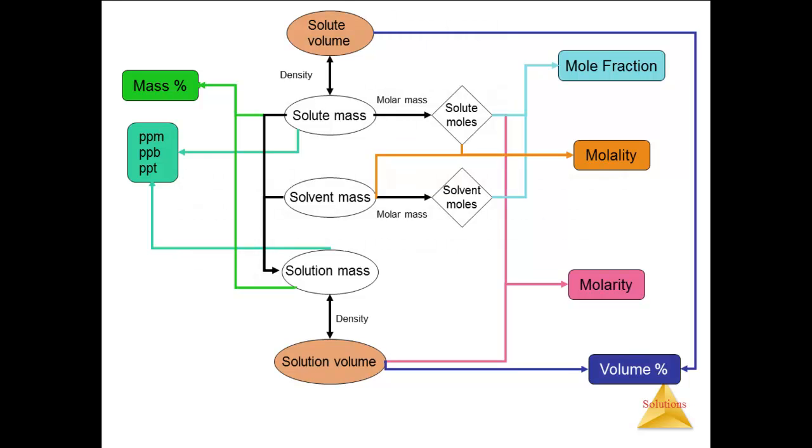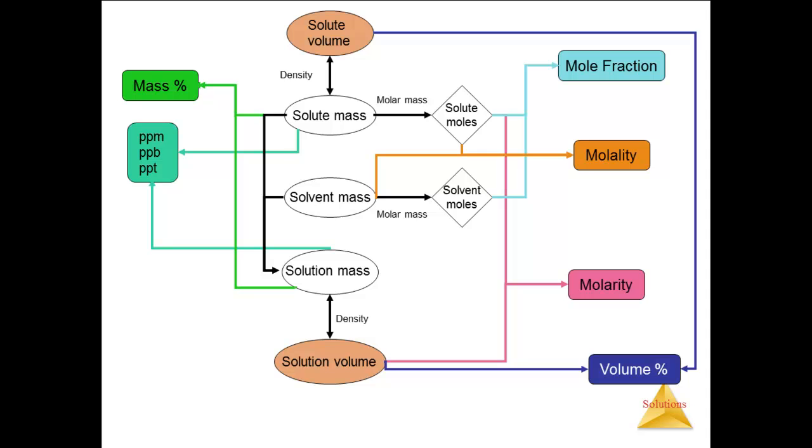This diagram shows the connections among the different concentration units and how we might calculate some particular unit from information we have been given. Note that each concentration unit is connected to the information in the center by a particular color.